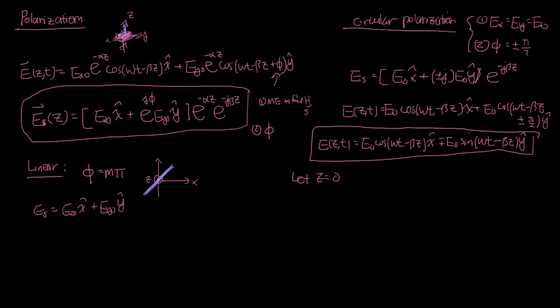So if I set z equals to 0 into this instantaneous form, I get E of 0, t is going to be equal to E naught of cosine of omega t in the x hat direction minus plus sine of omega t in the y hat direction.